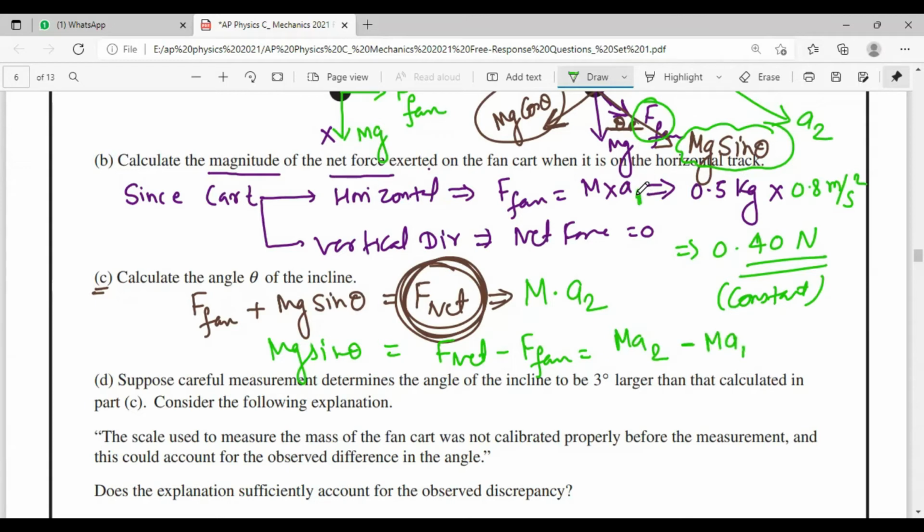If you put here, that will be the A1 for the first part. Okay, friends. So you can write M common. This is the A2 minus A1, right?